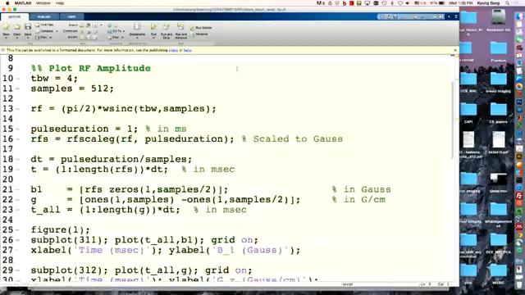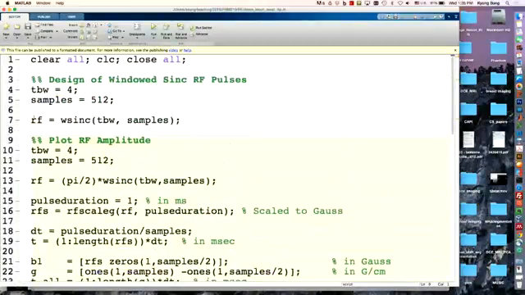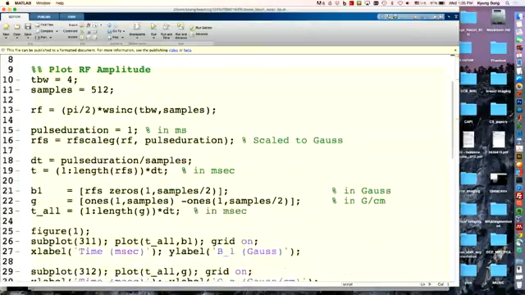So the first part is basically creating the RF pulse and defining the time bandwidth product, with the sample size being 512, and making sure some of the old RF pulse.